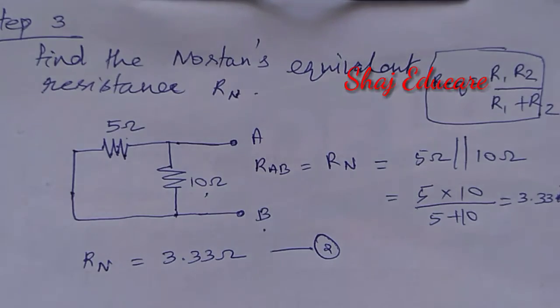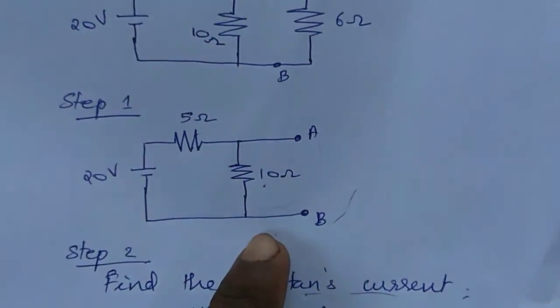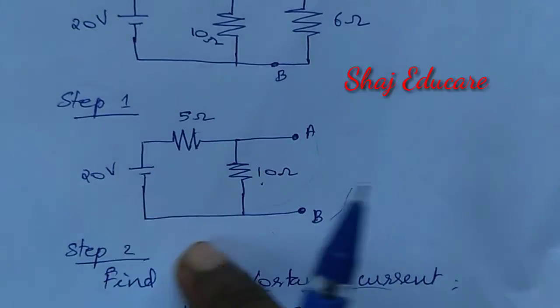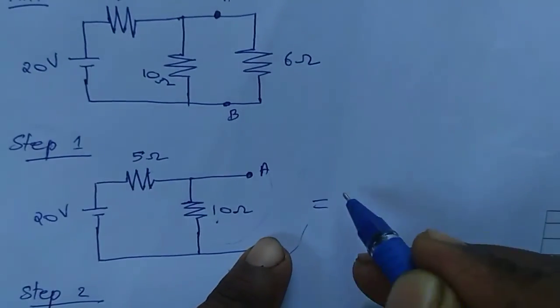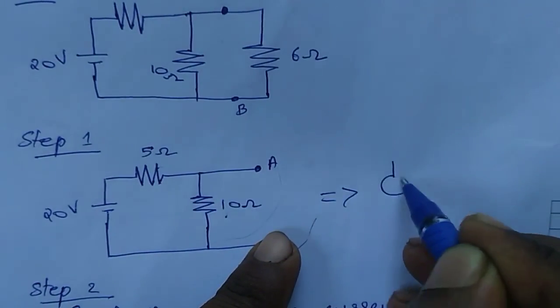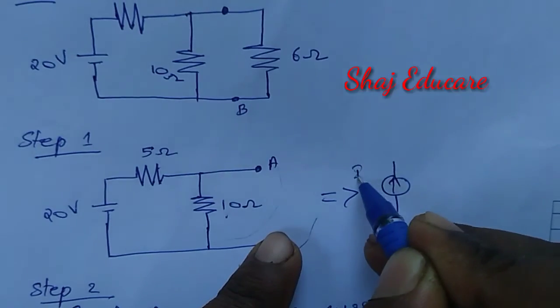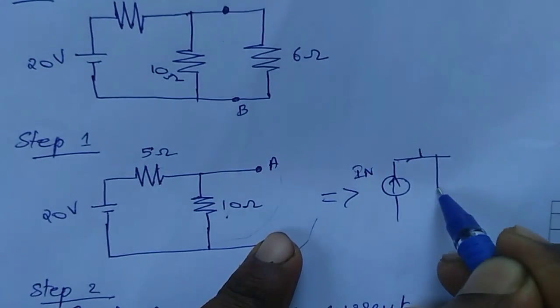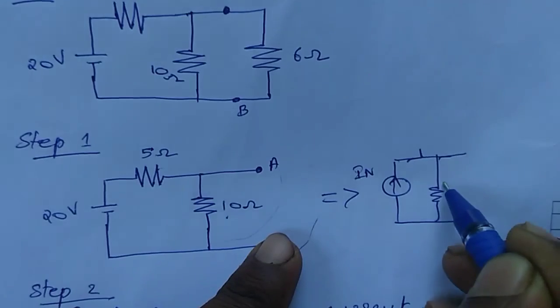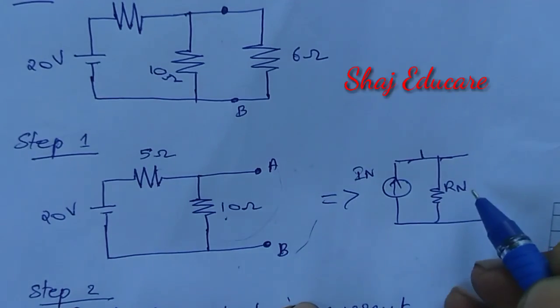Now we have to draw the Norton's equivalent circuit for this circuit. Simply replace this circuit using Norton's current followed by a resistance that should be connected in parallel with the network.